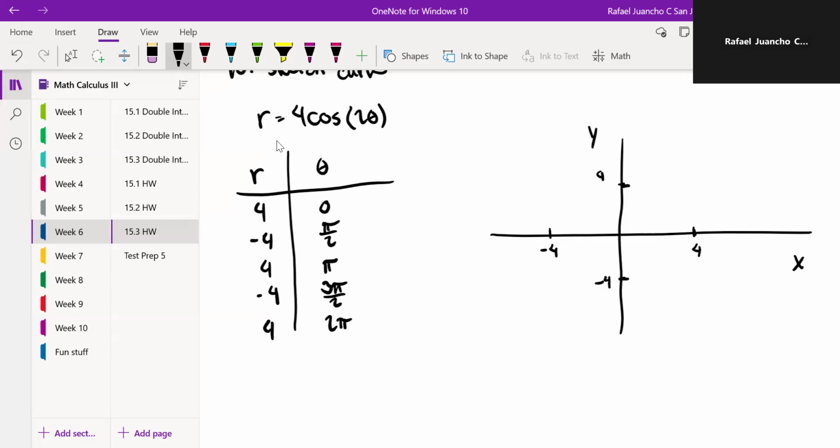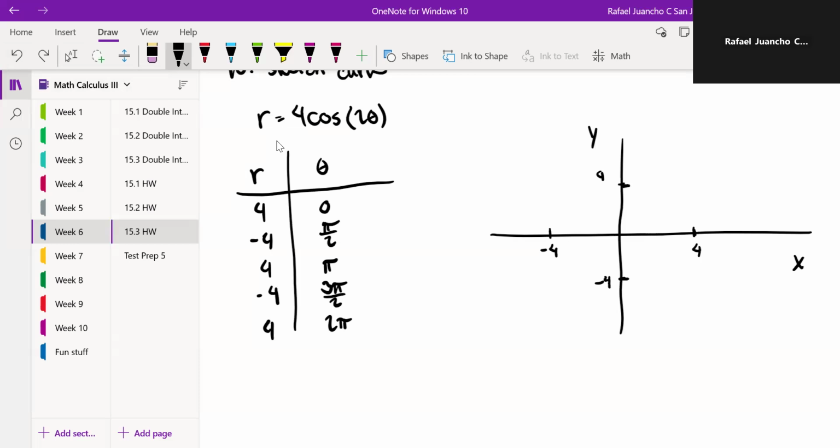So 4, 0, I'm here. At pi half, I'm here. Or I'm at negative 4, actually. Wait, at pi half, I'm at negative 4. What in the world does that mean?